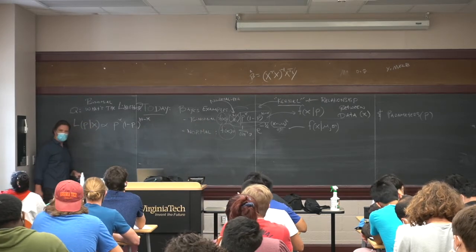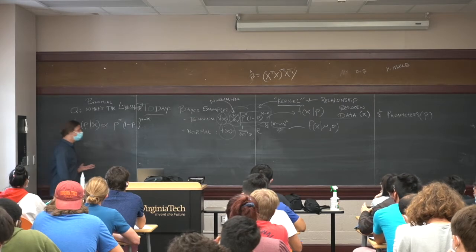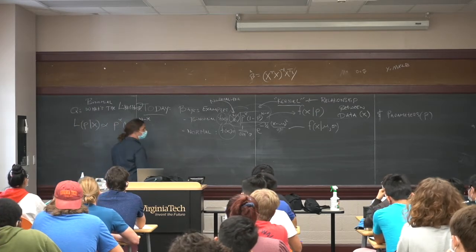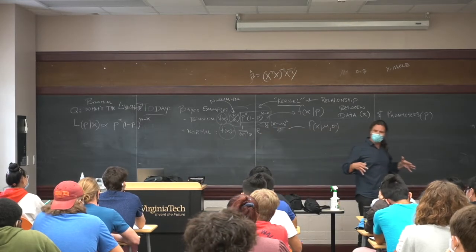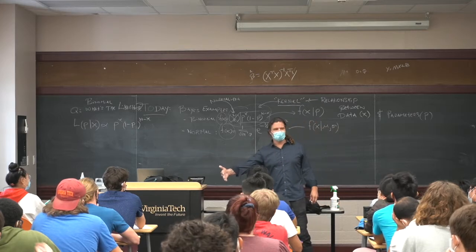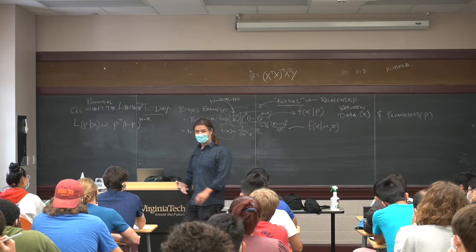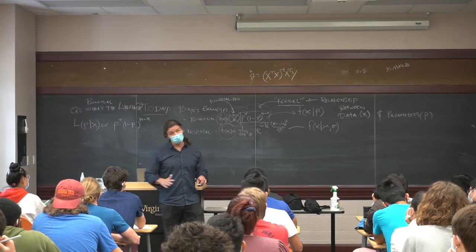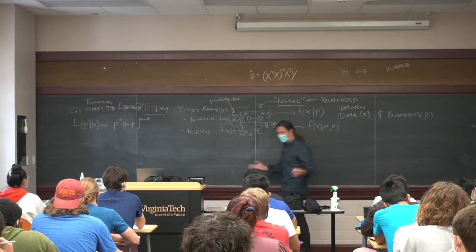Oftentimes we use log likelihoods when we do computations, and it's kind of unfortunate that when I take a logarithm over this thing, I don't have a good symbol to express that it's the same log likelihood up to summing any arbitrary constant. So unfortunately, we don't have any notation for that. I don't know why. Maybe we could create it.